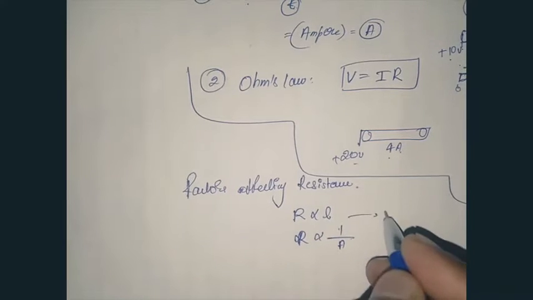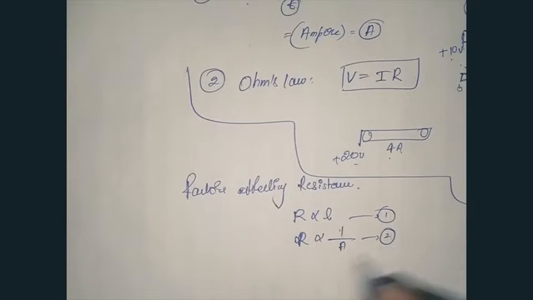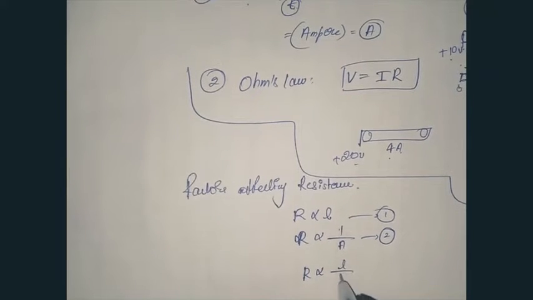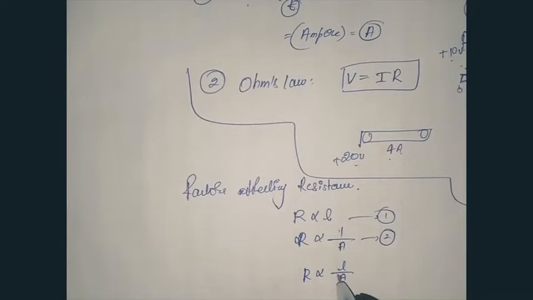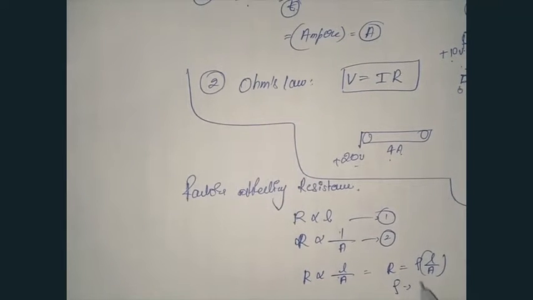If I take these as equation 1 and 2 and join them, R is directly proportional to L by A. If I remove the proportionality sign, I can write R is equal to rho L by A, where rho is called resistivity.